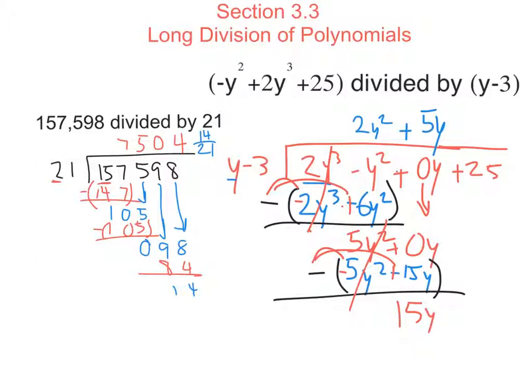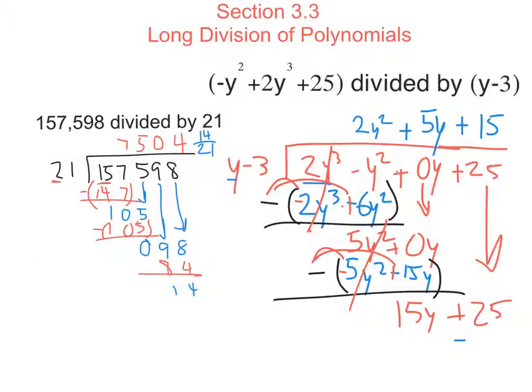What do we do next? Bring down the 25, right? Plus 25. And once again, you don't focus in on the whole binomial. You just focus in on the first term y and the first term 15y. Y times what will give us the 15y? Times 15. So I'm going to put a plus 15 up here. And when I distribute correctly, that'll be 15 times negative 3.